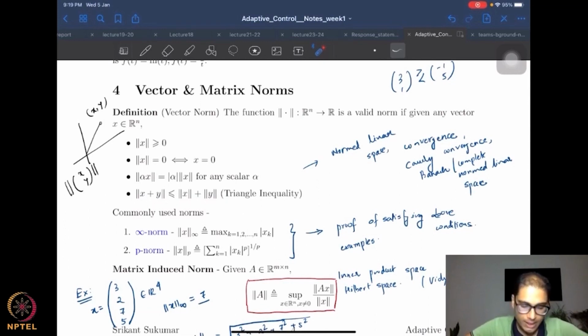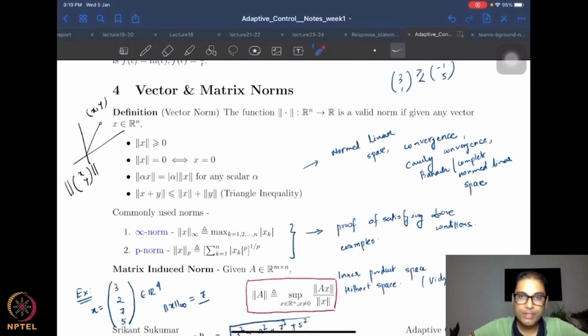These are the standard properties for norms. Any function that maps from R^n, your vector space, to real numbers, to scalars, with these properties will be a valid norm.